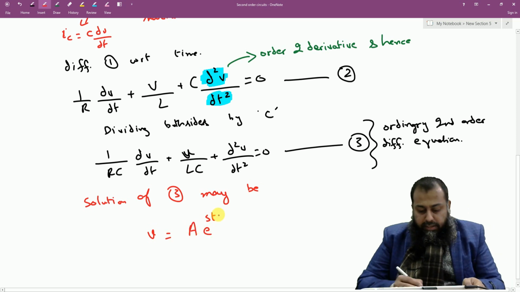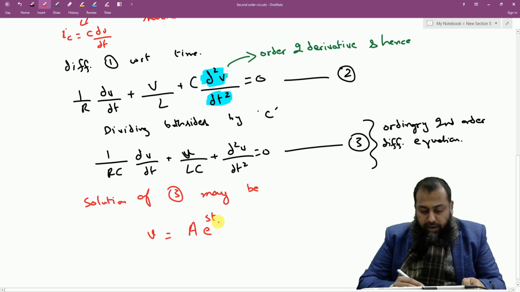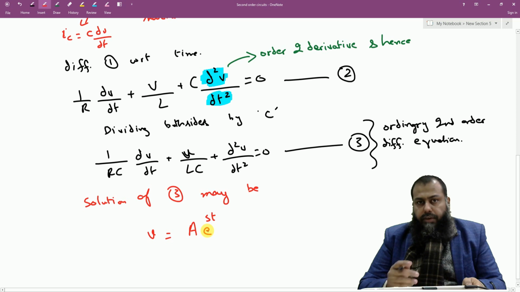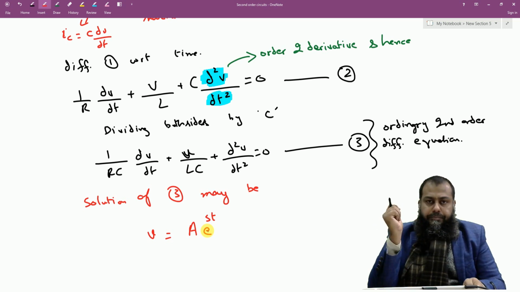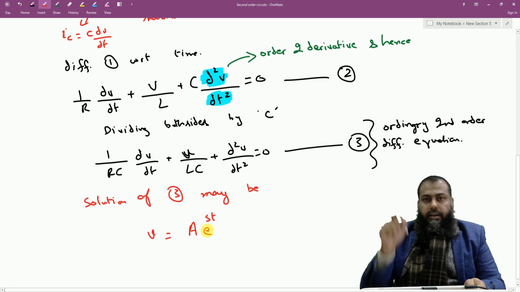Now one can ask why we have opted for this particular assumption. There are various answers to this. One very logical answer is that we have seen in first order differential equations that the solution contains an exponential part.